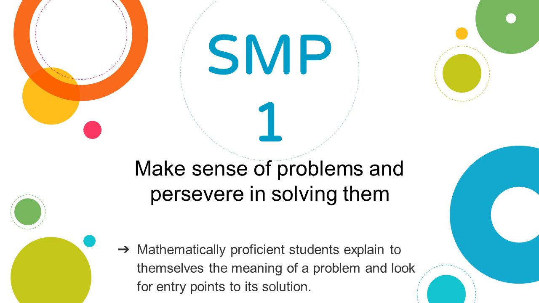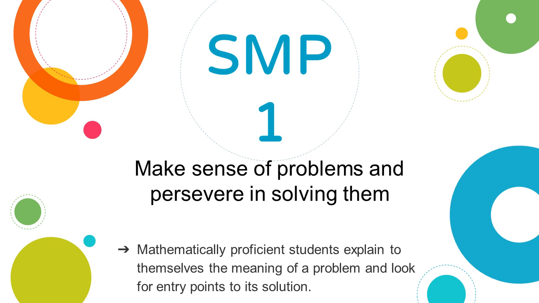Mathematically proficient students make meaning of the problem and find entry points. They monitor their progress, continually asking themselves, does this make sense? And then changing their course if necessary. They understand various approaches to solutions and are able to explain their thought processes in solving a problem.